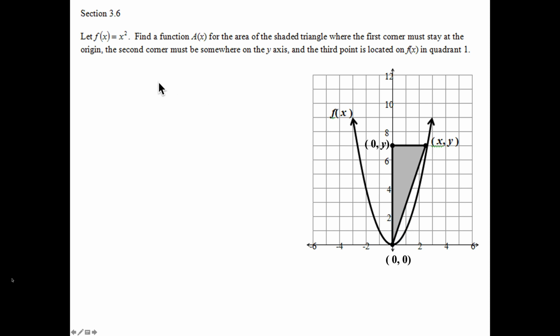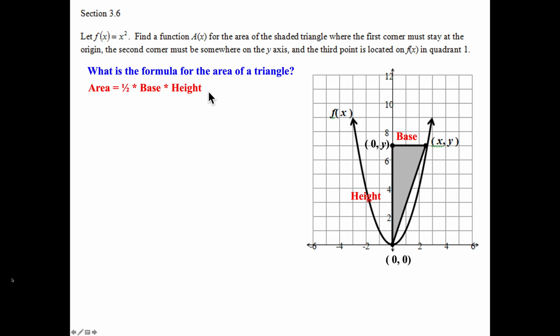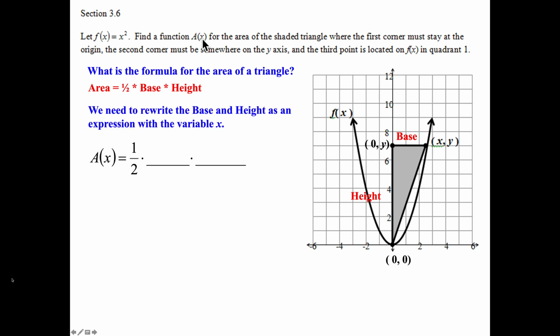So our goal here is to come up with a formula for the area of our triangle, which is 1/2 times base times height. But whatever we multiply together has to be written in terms of x. It can only have the variable x in it. So that's our goal here.